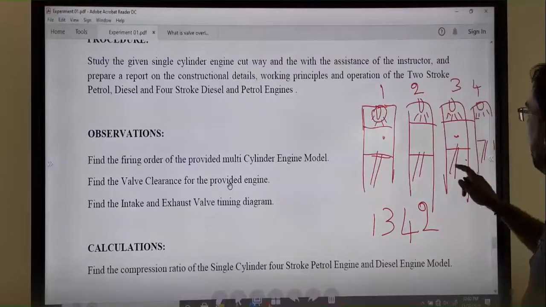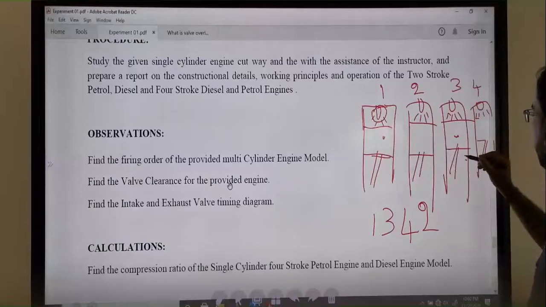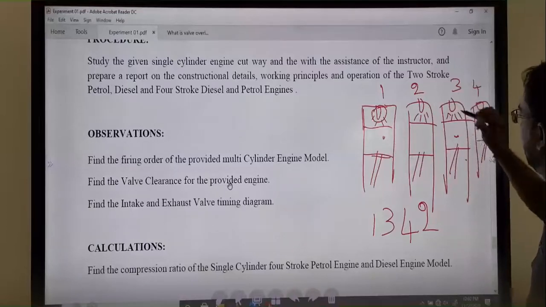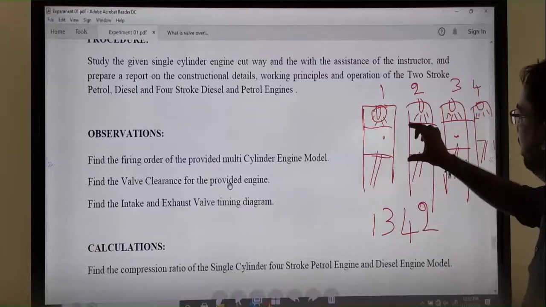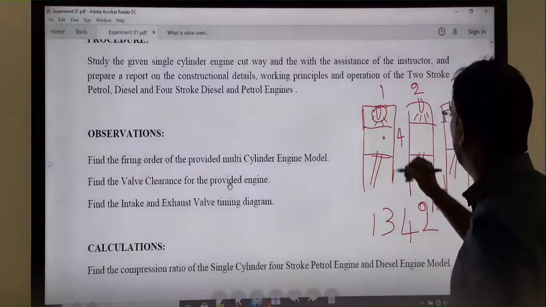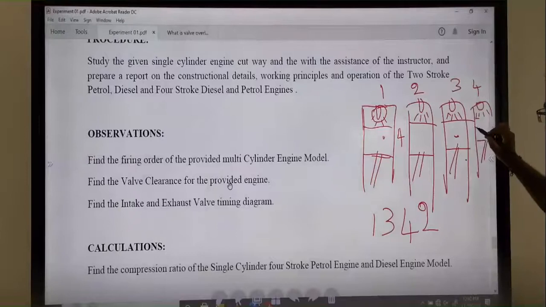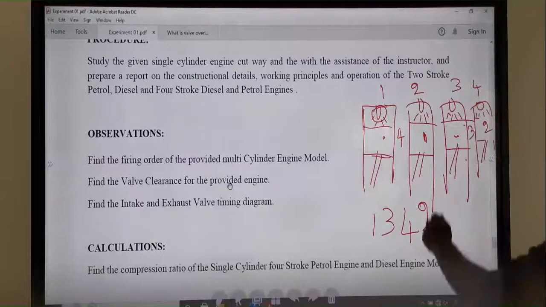Because after this ignition is achieved, the ignition occurs in the third cylinder. So this is the process. For an example, this one is in the 4th process, exhaust. At the same time, the third cylinder is in the 3rd process, that means power. The 4th cylinder is in the 2nd process. This is the 1st process.